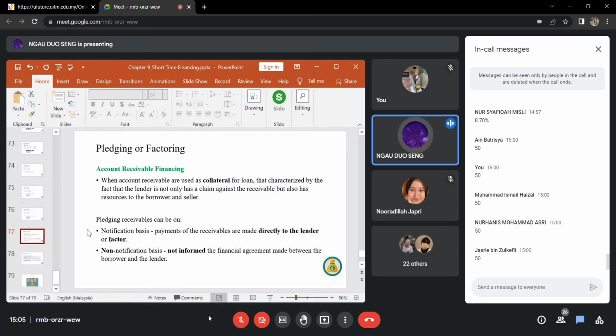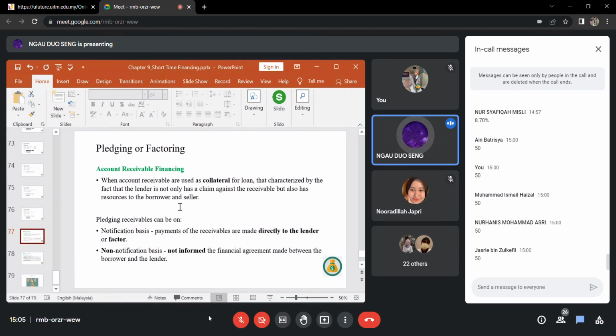So pledging receivable can be on a notification basis. Payment of the receivable is made directly to the lender or factor. So meaning on a notification basis, the bank will notify the customer to pay to the bank.